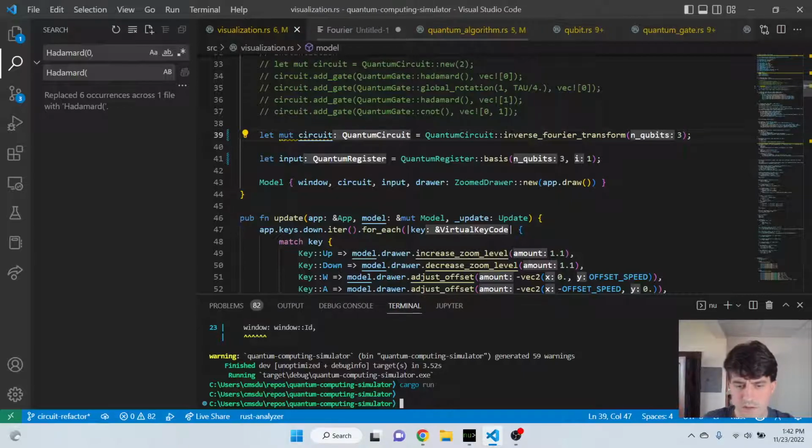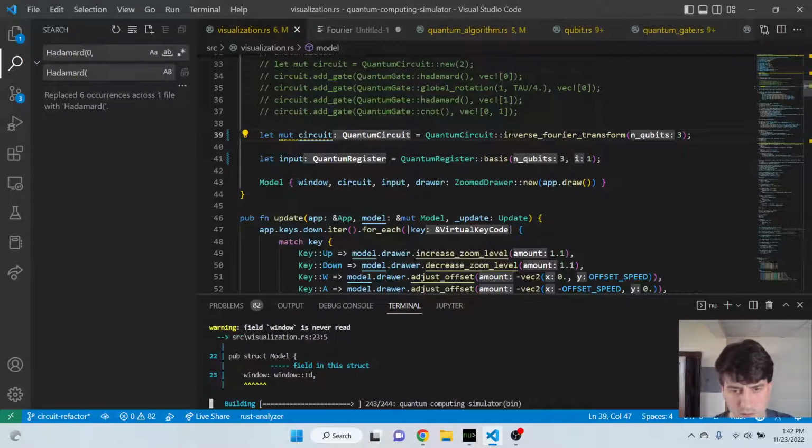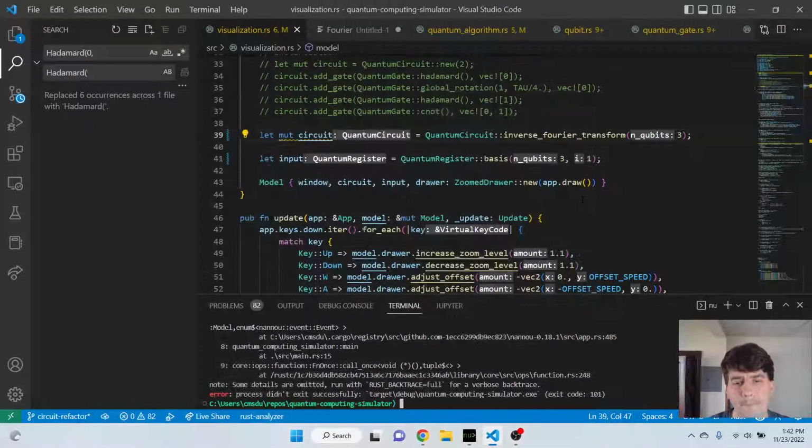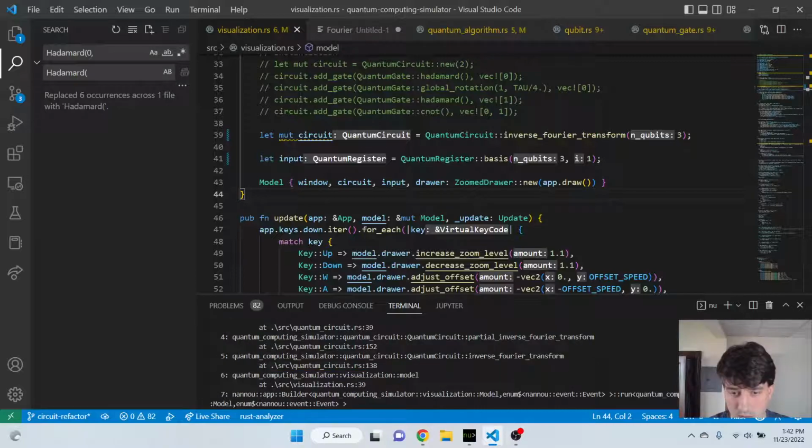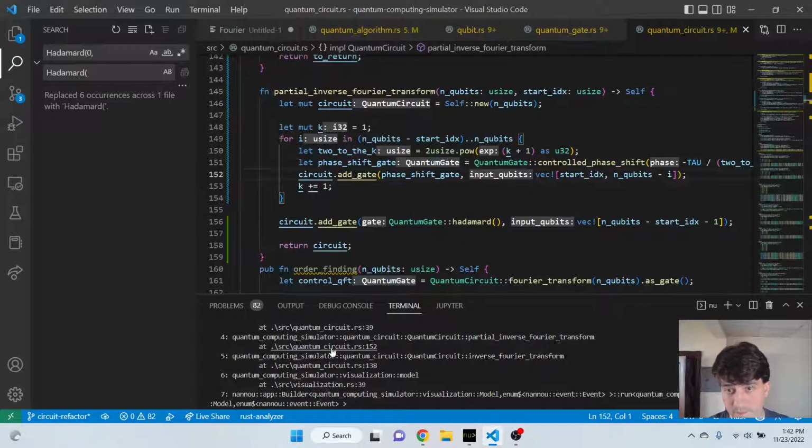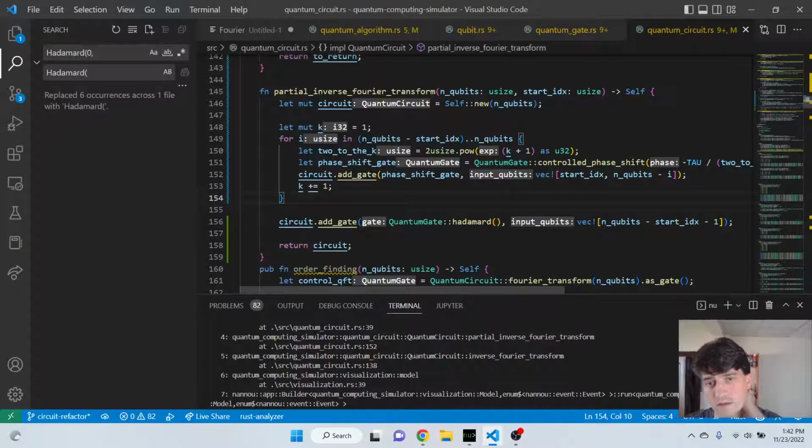Inverse. Run. Need a build script for this. Fails. Same story. So if start IDX is 0, then this is trivial.